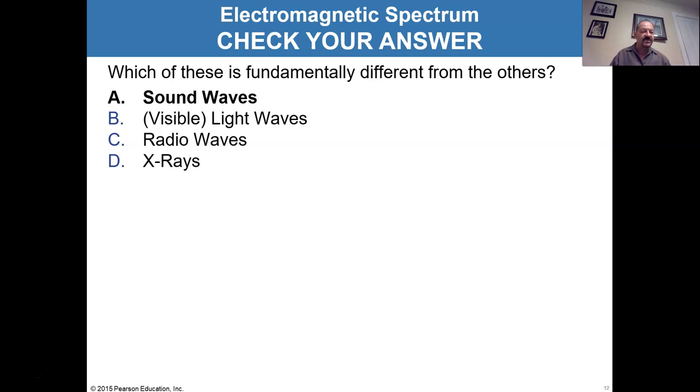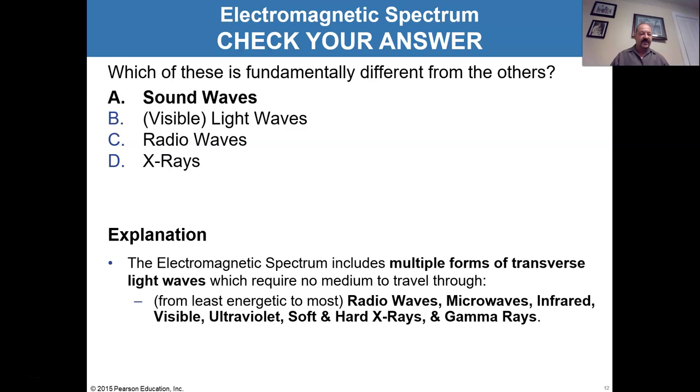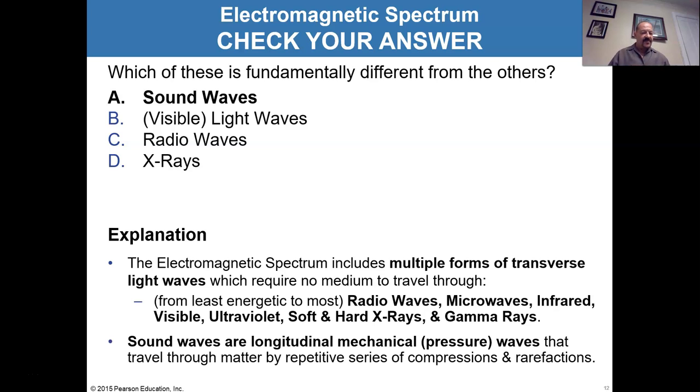But sound waves are completely different. So the electromagnetic spectrum has all these different versions here. I just read them off: radio waves, microwaves, infrared, visible, ultraviolet, soft and hard X-rays, and gamma rays. And those are transverse waves that don't require any medium to fly through. In other words, they don't require any matter. In fact, they move faster on average through a vacuum.